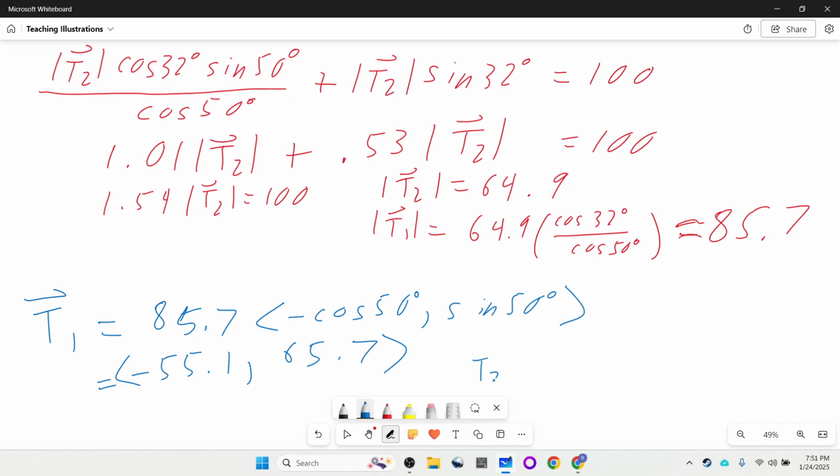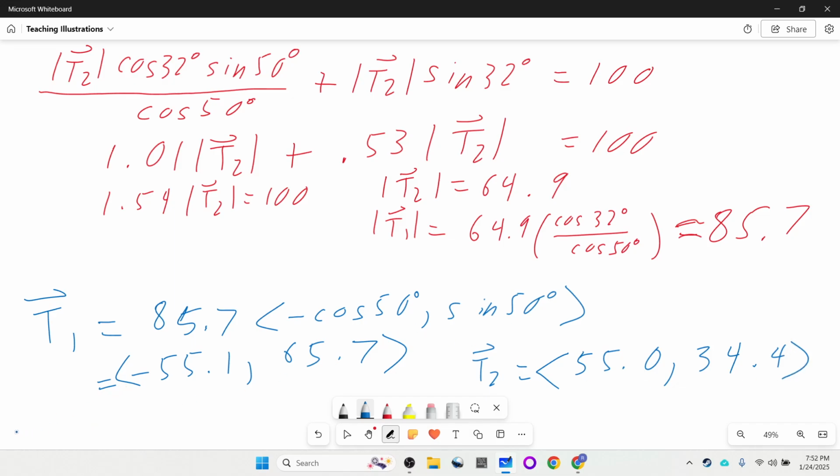T2 would be, plug it back into the formula, length of T2 is, what did we say it is? 64.9. So 64.9 times cosine of 32, and the y is times sine of 32, so would be 55.0, 34.4.